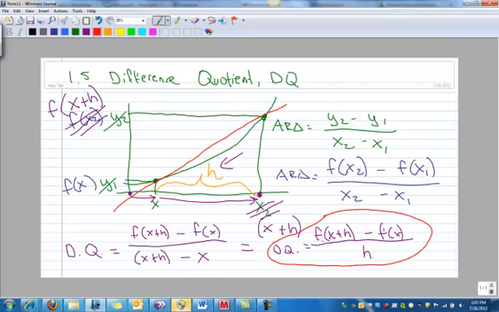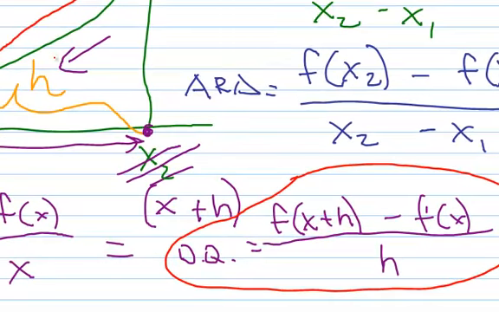So that's what the difference quotient represents. It represents the slope, or the average rate of change, between these 2 points right here, but instead of giving it an interval like 1 and 4, or x sub 1 and x sub 2, now we said the distance between the two x points is h.